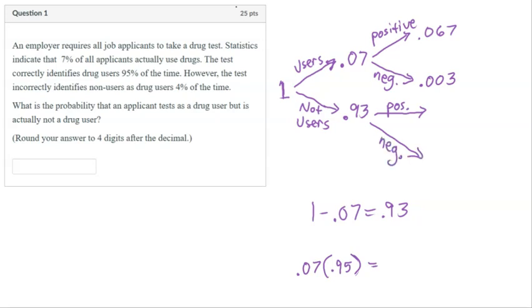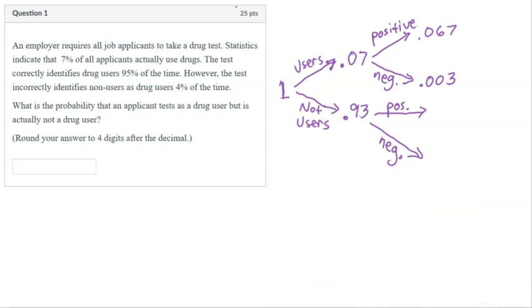You may wonder, if these are not the users, shouldn't they all test negative? Yes, they should. But unfortunately, some people that are not drug users sometimes test positive. That's why we have false positives. Let me erase this real quick, and we'll continue reading the question.